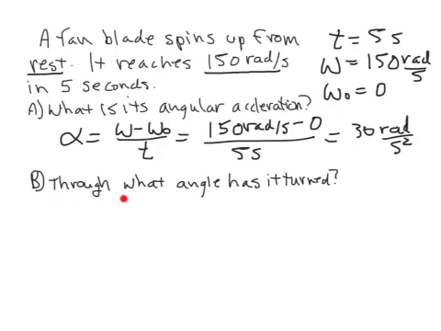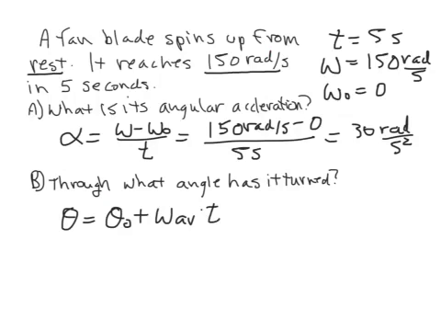So the next part of the problem says, through what angle has it turned? And so while the blade is spinning up, it's turning through a certain angle. Maybe it does several revolutions, probably, as it spins up from 0 to 150 radians per second. And so we have to figure out what that is, and we can go back and look at our formulas and say, well, we've got a few equations for theta. One of them is theta is equal to theta naught plus omega average times time.